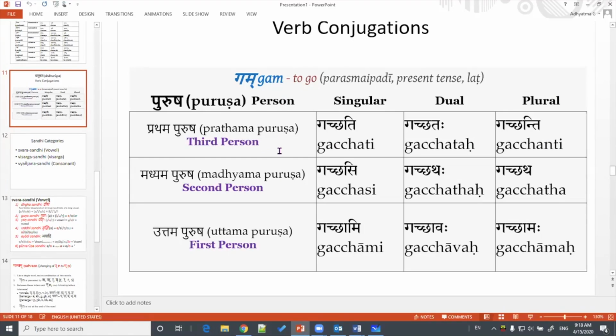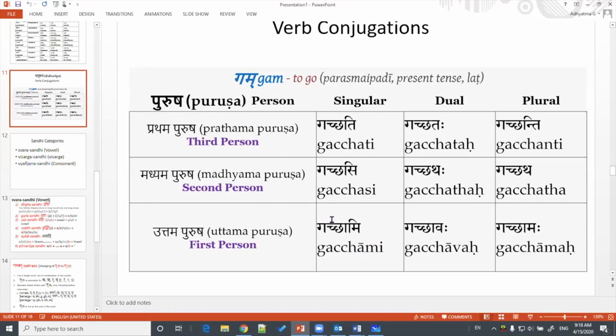There are 3 persons in Sanskrit, just like in any other language. The way it is written in Sanskrit, you first write third person, second person, and first person. And then there are 3 numbers. Most languages have 2 numbers, but Sanskrit has 3: singular, dual, plural. So first person would always be I.